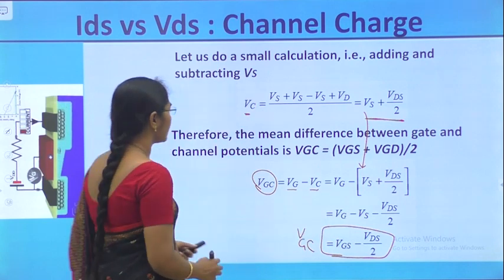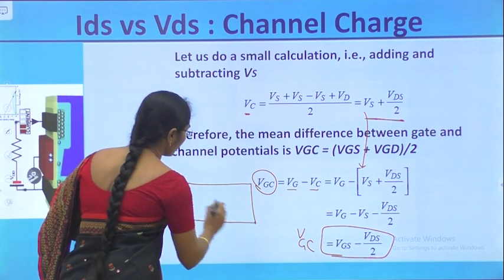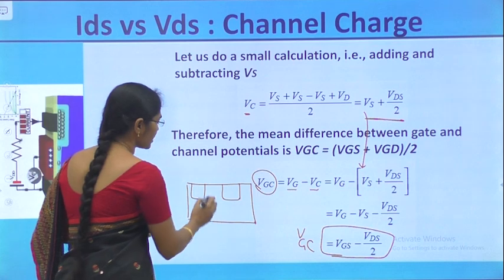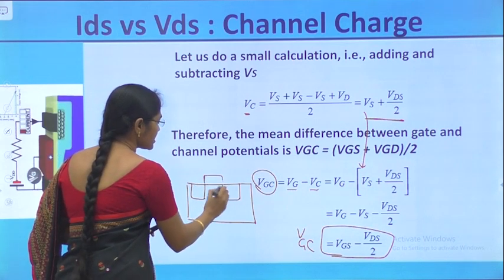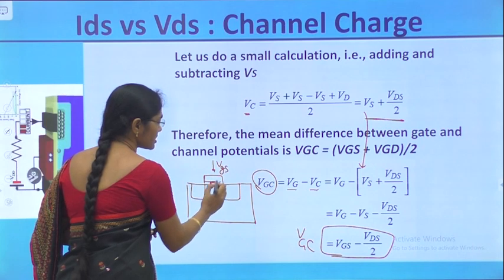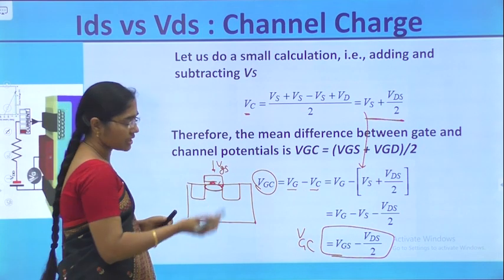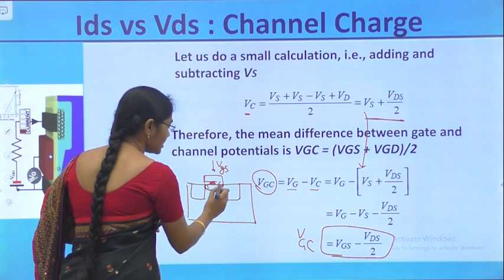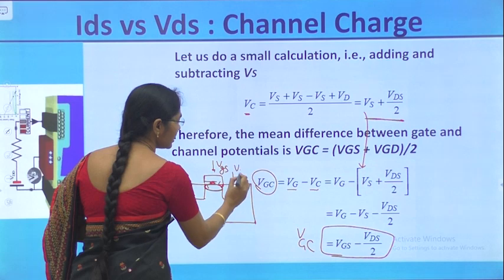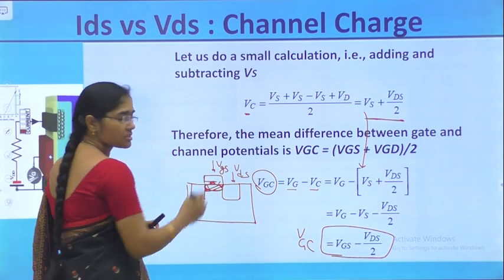From this equation we can tell the channel depends on both voltages. As we saw in yesterday's lecture, in operation the channel is first created based on the potential applied at the gate, the VGS. So the channel depends upon VGS, and the charge present in this channel depends upon the VDS value. After applying VDS, the channel charge differs along the channel.